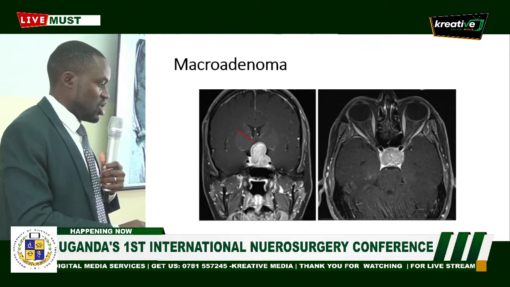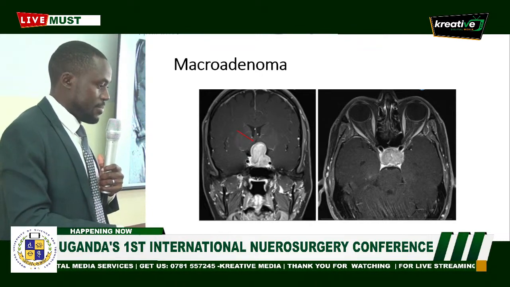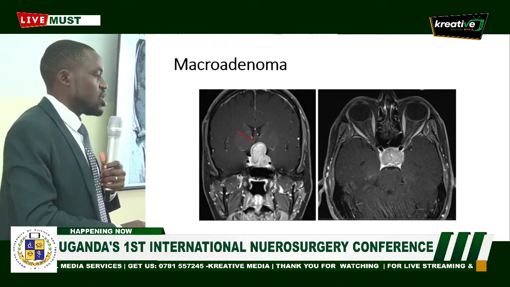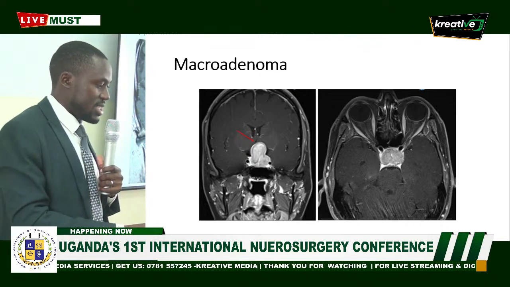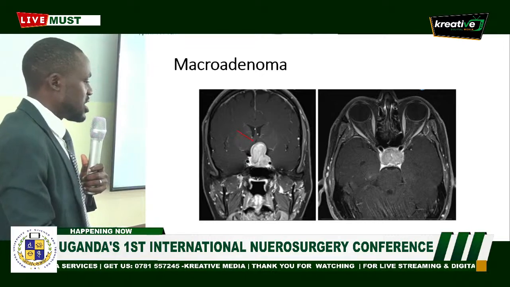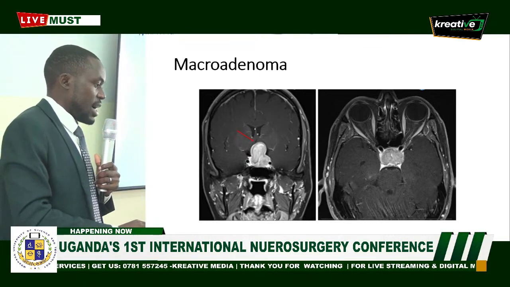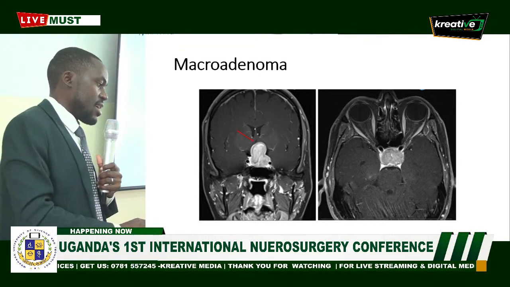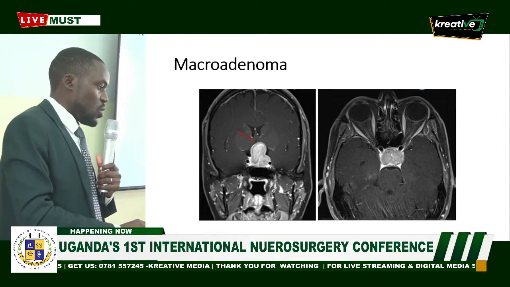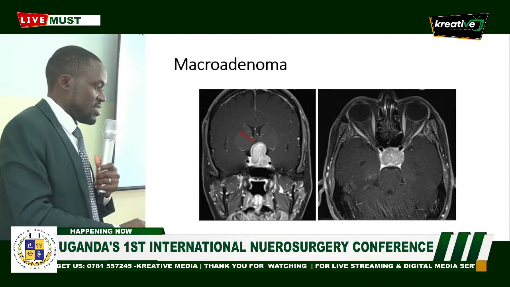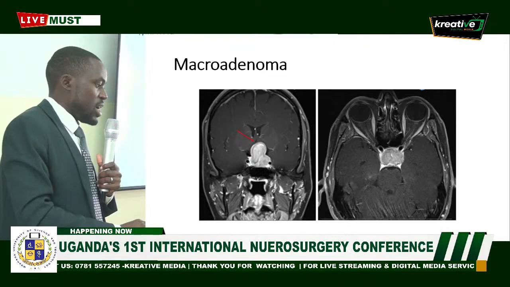These are just more images to demonstrate that, and they tend to have a little bit of heterogeneity following contrast enhancement rather than homogeneous enhancement. So again, more images demonstrating that. You can see the T1 post-contrast, and you can see this insinuating a figure of 8.